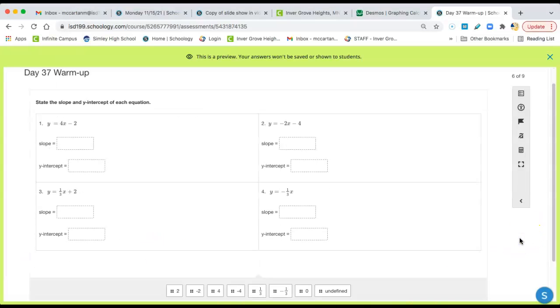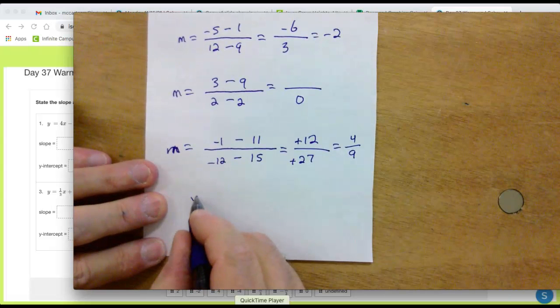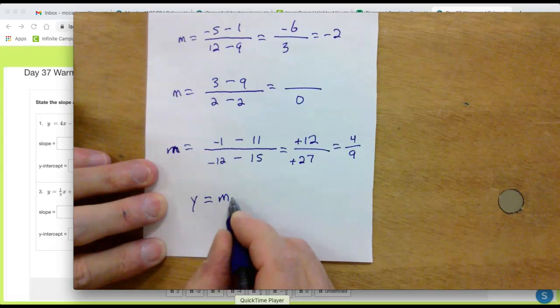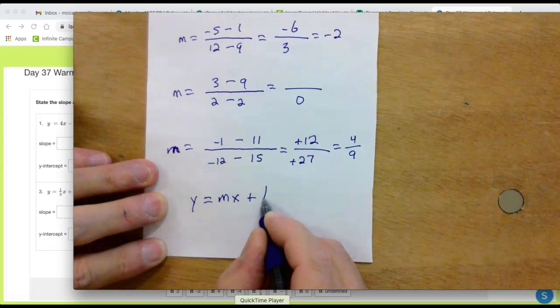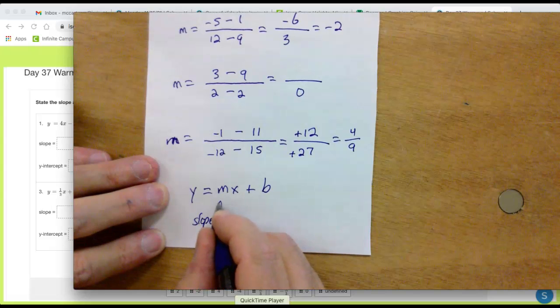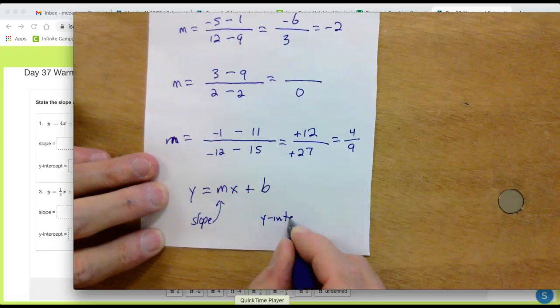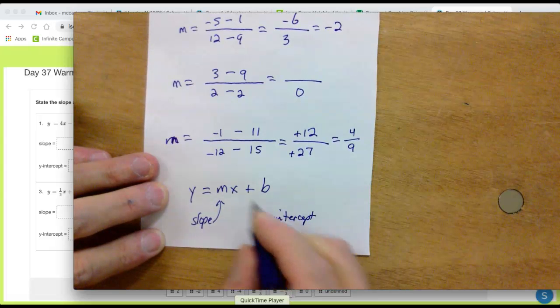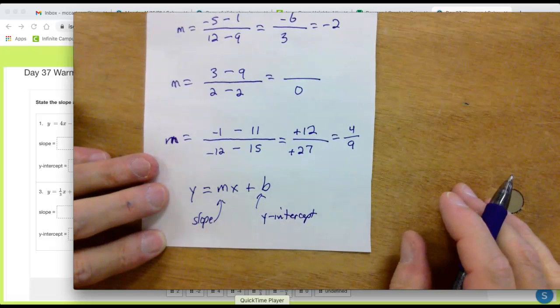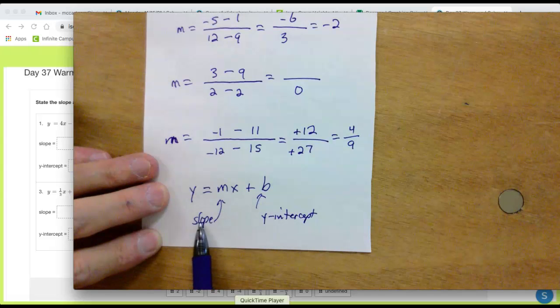Look, you guys can get most of these. Okay, this one here, guys, again, we flip back to here. y equals mx plus b. This is the slope, and this is the y-intercept. Again, the thing that's with the x, with the variable, is the slope.